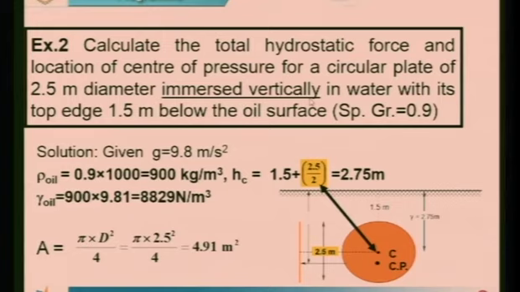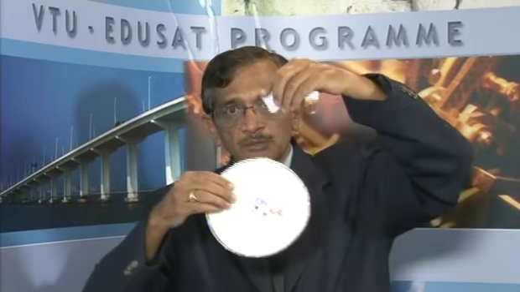See this, I have underlined immersed vertically. It means a circular plate is here and it is immersed vertically, okay, and the top level is at a distance of 1.5 meter. It means water level to this top is 1.5 meter, which is also shown in the diagram.